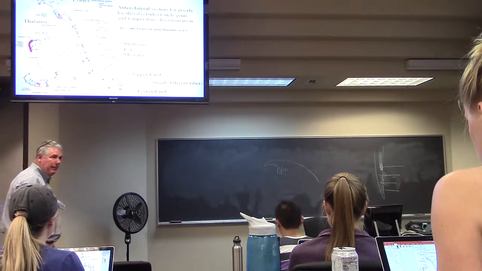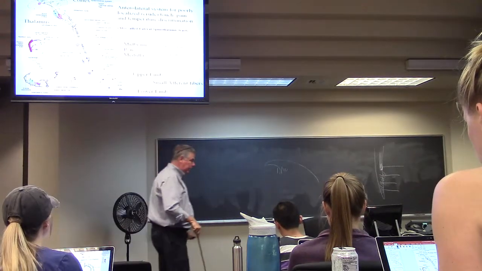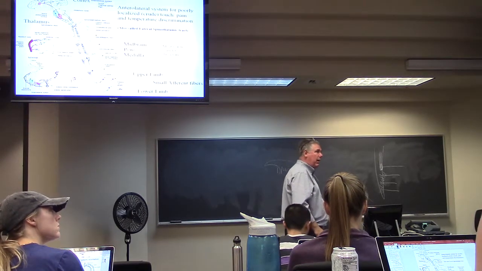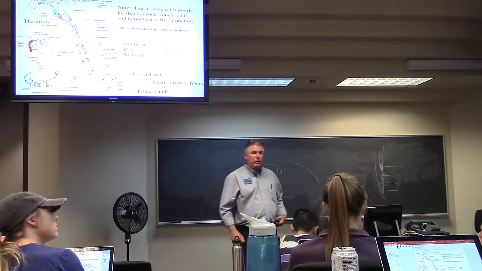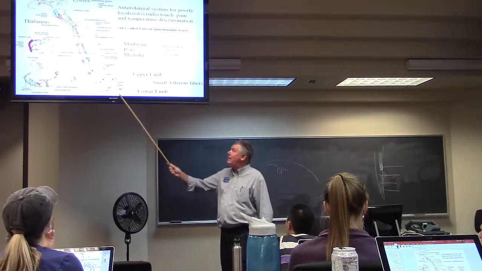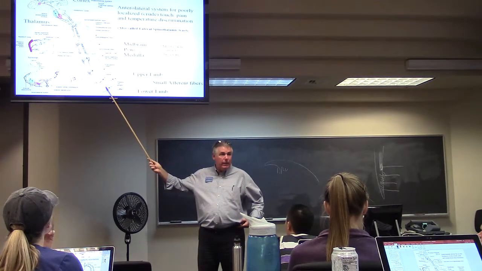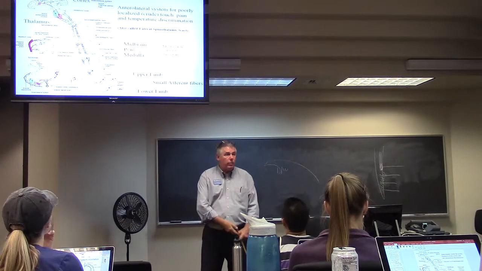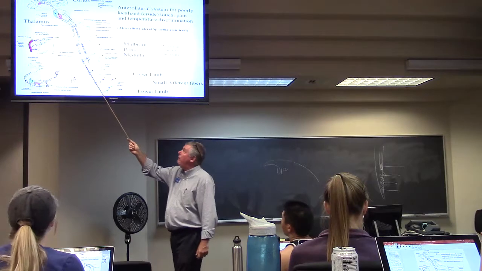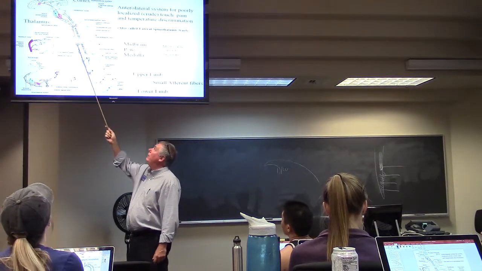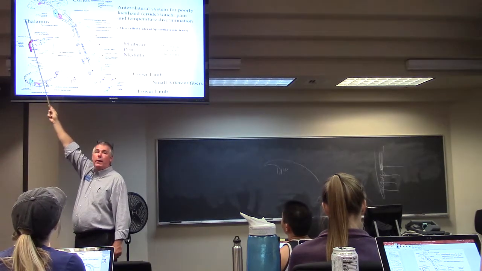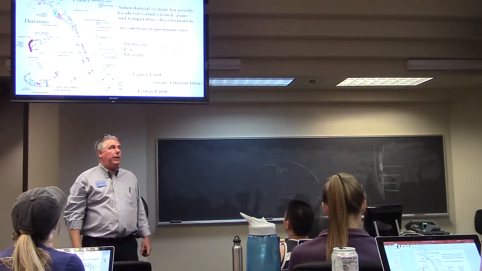Like if I stub my big toe on the left, that pain information came up through my sciatic nerve into my lumbosacral cord, where it synapsed on this side, the left side, and crossed over to the right side and ascended all the way up through the lateral spinothalamic tract to the VPL nucleus of the thalamus. And from there, it went to my primary sensory cortex, area 3-1-2.